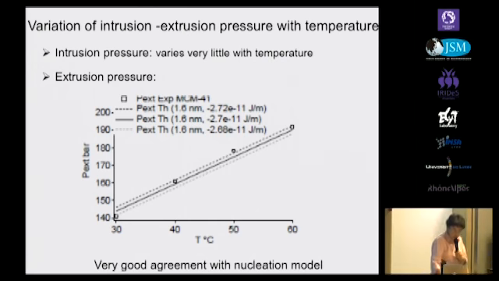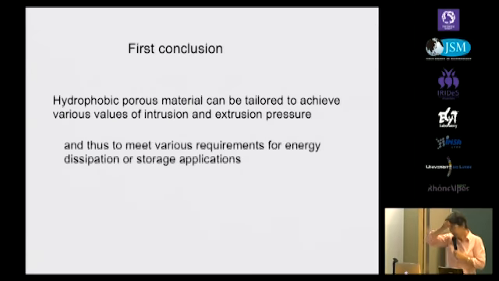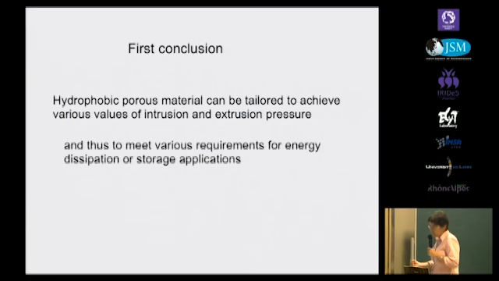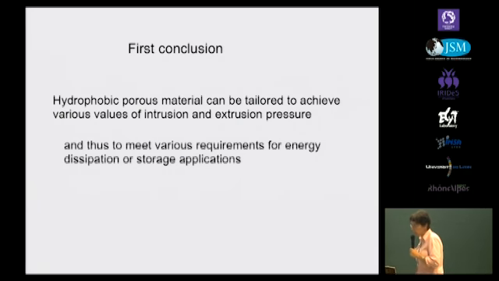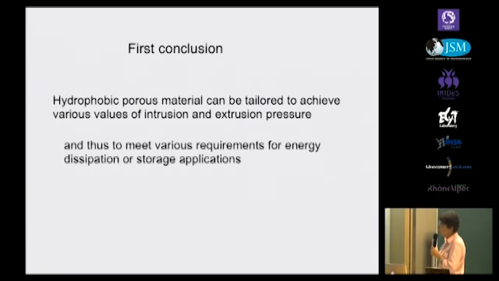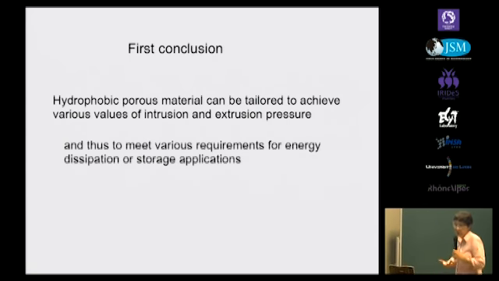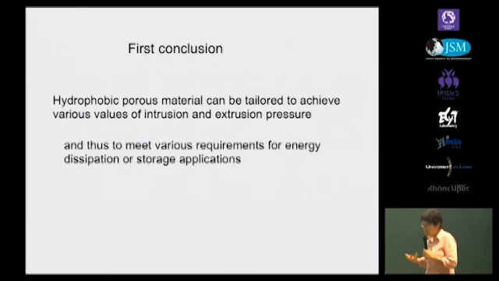And so the conclusion is that we can reasonably tailor hydrophobic porous materials so as to achieve definite values for intrusion and extrusion pressure, and therefore to meet various requirements for energy dissipation or storage applications. And also these characteristics vary quite little with parameters like velocity or frequency or temperature.